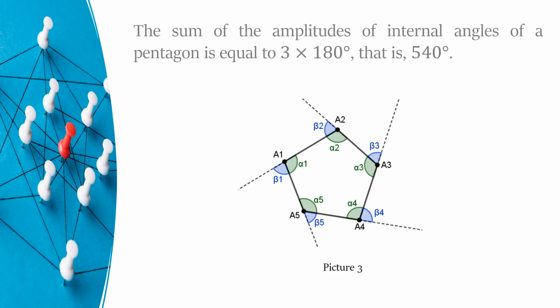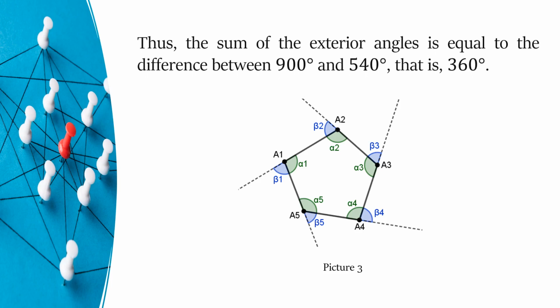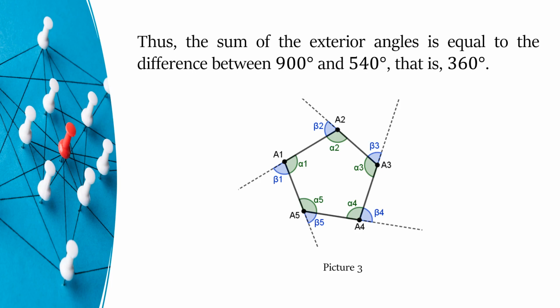The sum of the amplitudes of internal angles of a pentagon is equal to 3 times 180 degrees, that is 540 degrees. Thus, the sum of the exterior angles is equal to the difference between 900 degrees and 540 degrees, that is 360 degrees.